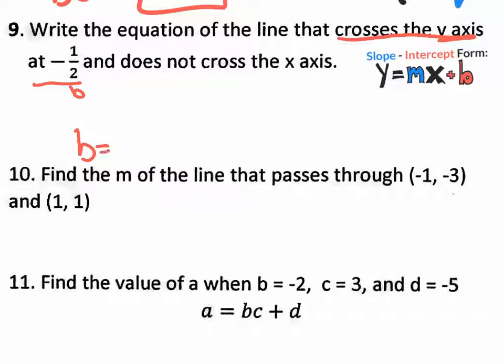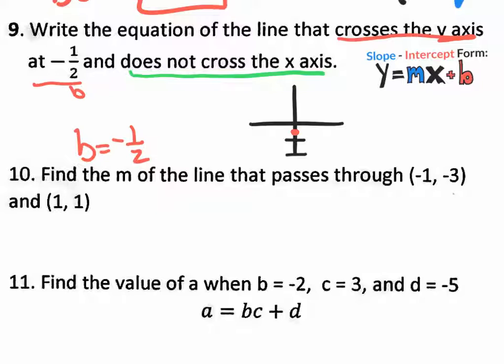So b is -½. And then it says that it does not cross the x-axis. Again, if you make a sketch and it says that it crosses not at -1, not at -2, but it crosses the y-axis at -½. So here's -½. It's just halfway down to -1. So let's put a dot right there.